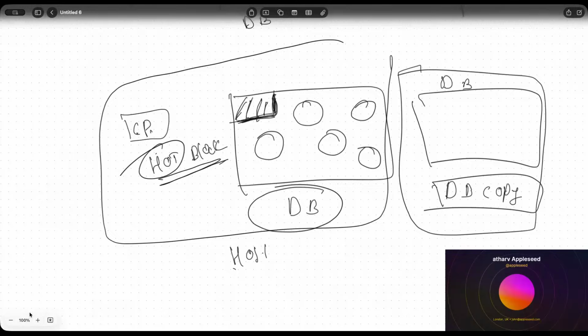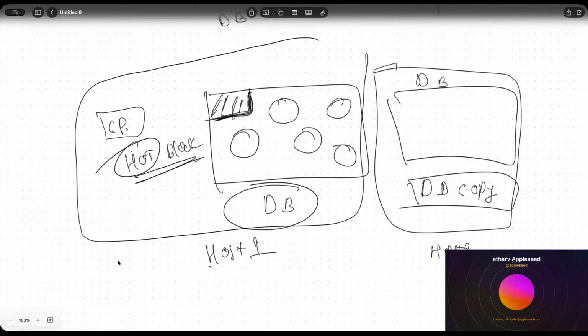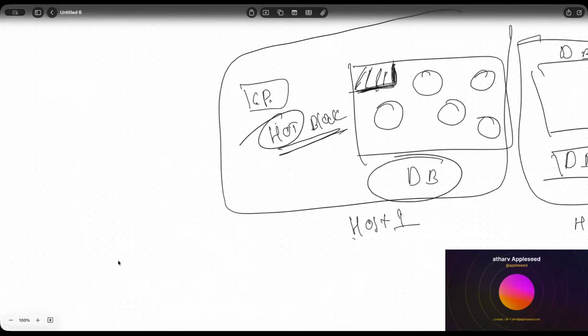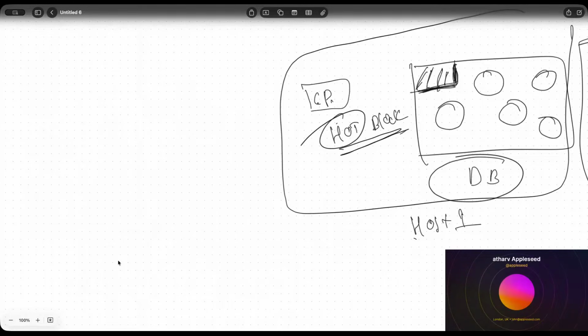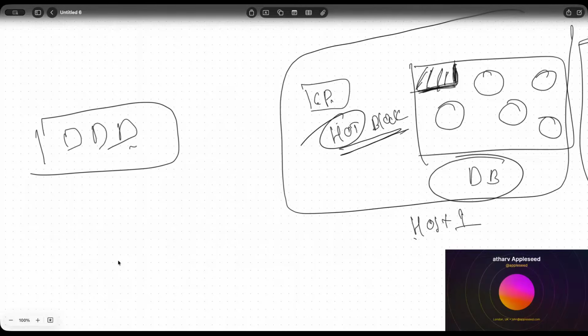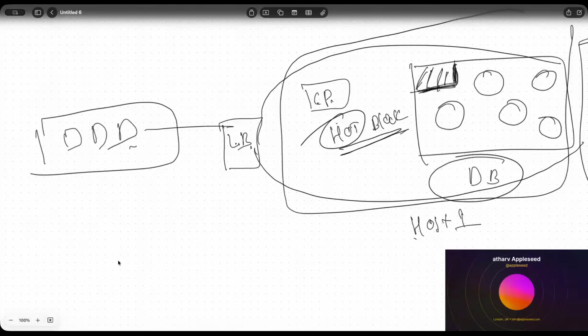So this will be host 1, this will be host 2, and our servers can make a request to a load balancer. This load balancer will usually route to either of those.